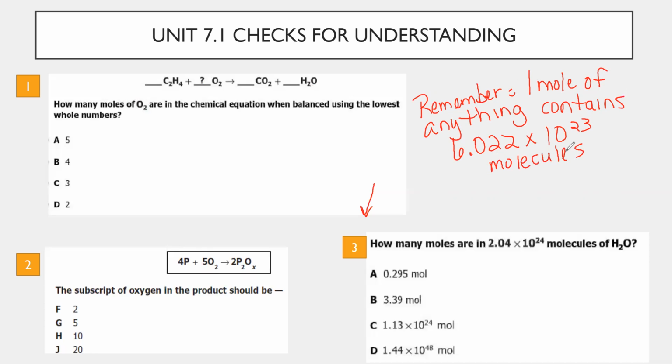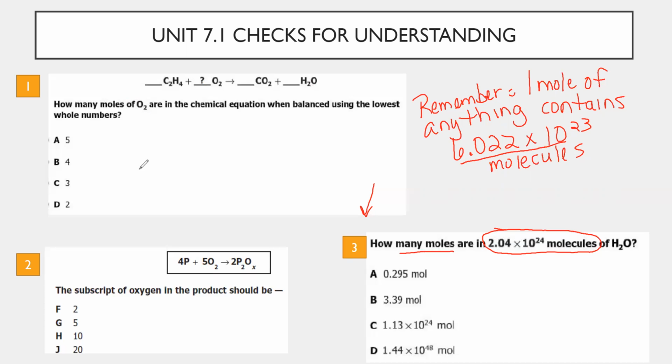Okay, so they're telling you that you have this many molecules, and we're trying to see how many moles we have. Well, we have this many molecules. We've got to see how many times 6.022 times 10 to the 23rd.